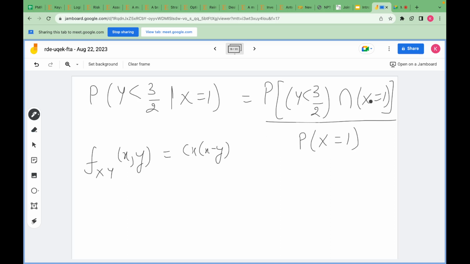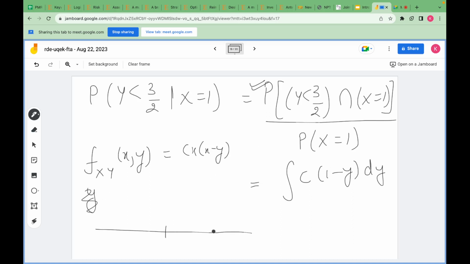Now for this probability we can put the value of x equal to 1 in the same expression. So this is c, because this is 1, c(1 minus y) dy. Here the range of y will matter, so it is given that y is up to 3 by 2, and this is minus 1 to 1.